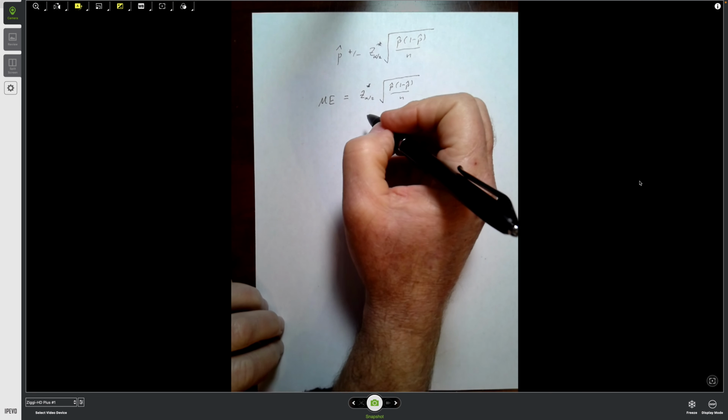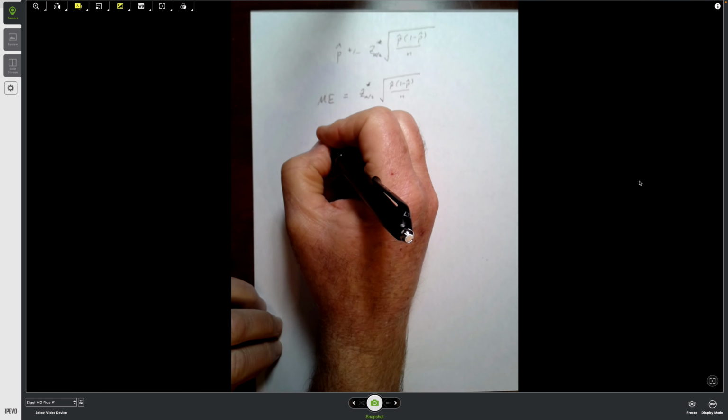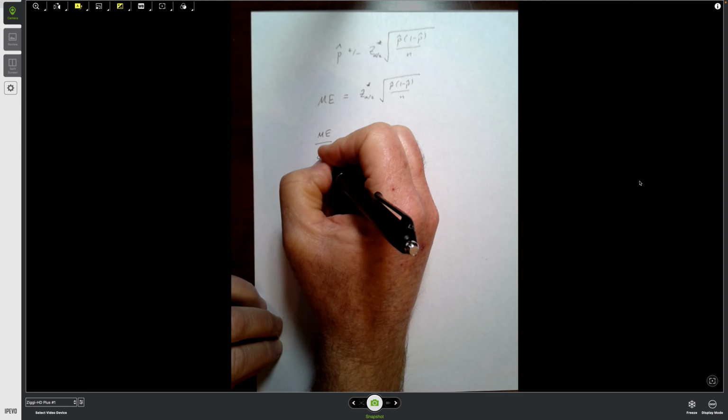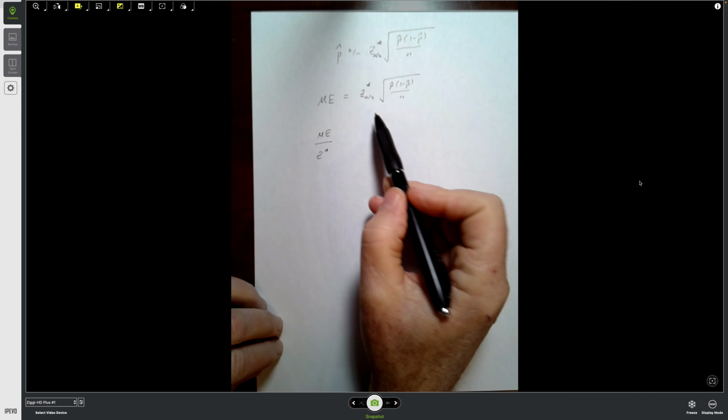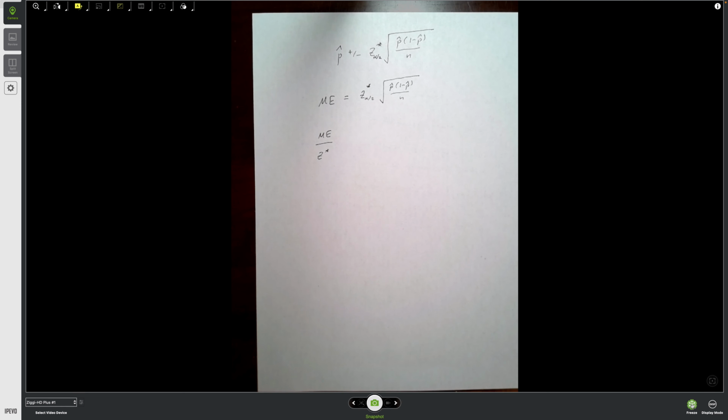So the very first thing I would do is divide both sides by my z critical. On the left, again, it's just known this is z alpha over 2. And then on the right, we have the square root of p hat times 1 minus p hat over n.